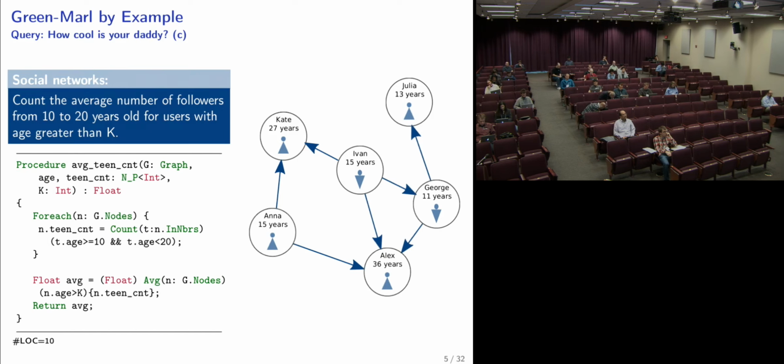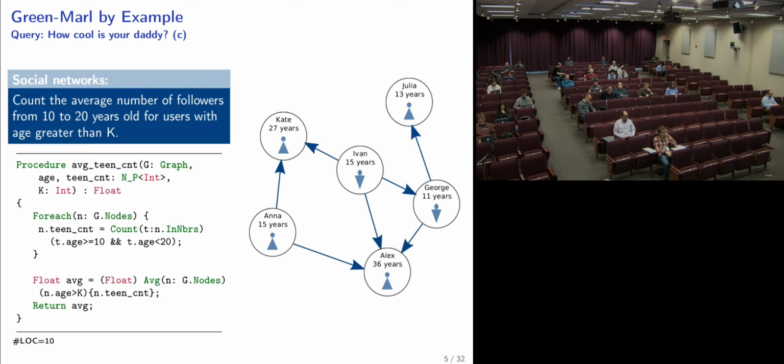So here you can see an example tutorial program, which computes the average number of followers for some social network. Each follower has an age from 10 to 20 years, and each user has an age greater than k. So we should compute the average number of such followers for such users.